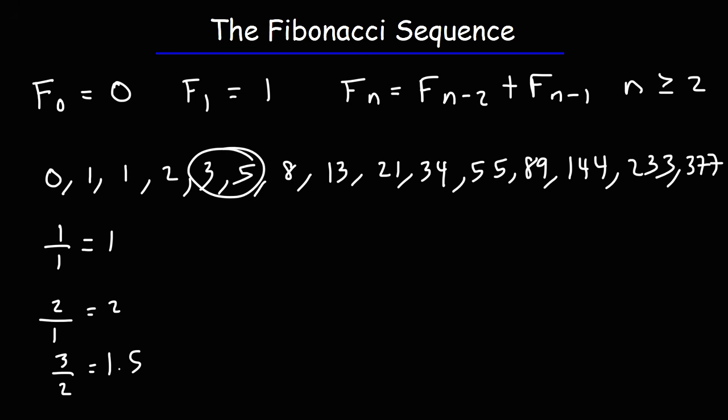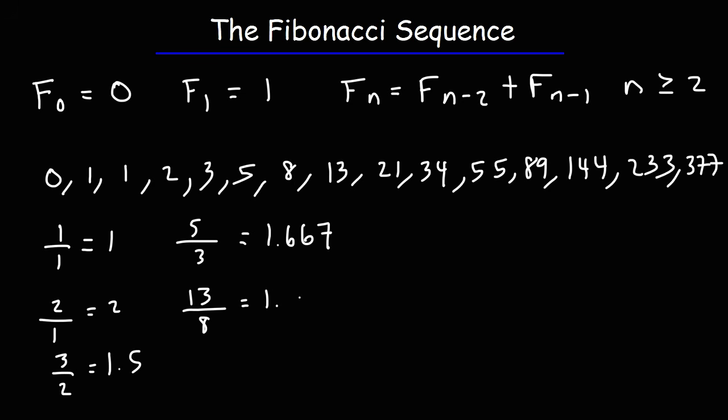If we take 5 and divide it by 3, we're going to get, so let me get my calculator out for this one. So this is 1.6 repeated, or 1.667 if you round it. Next, let's take 13 and divide it by 8. Notice what these numbers approach. So this is going to be 1.625.